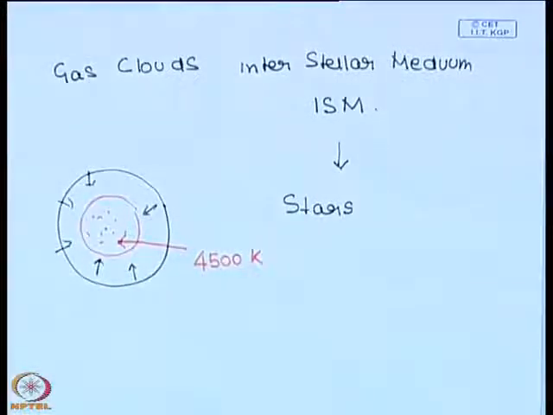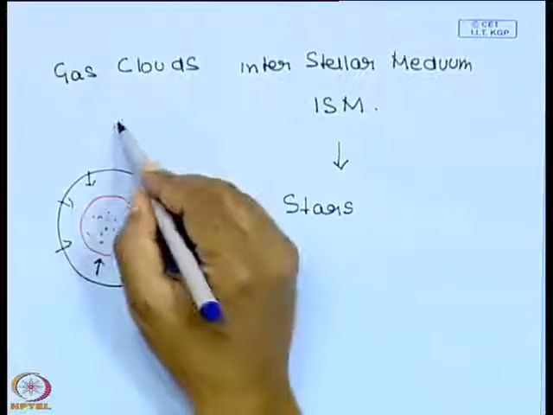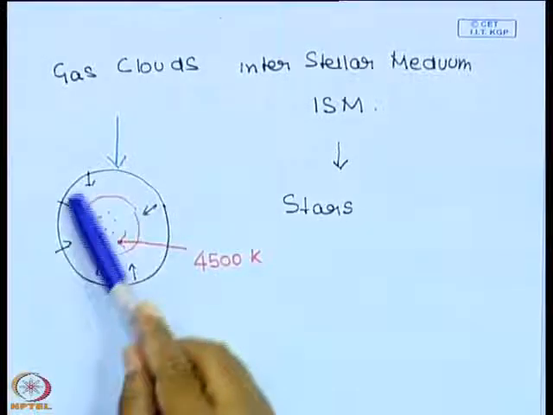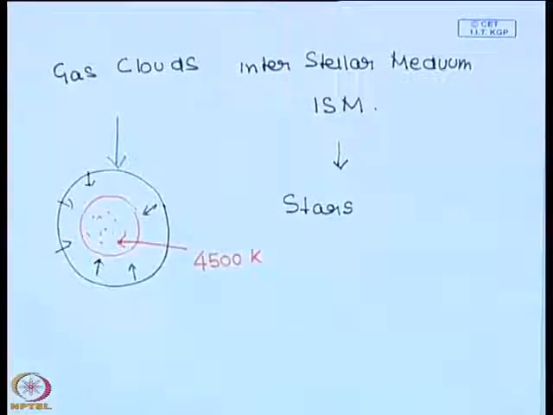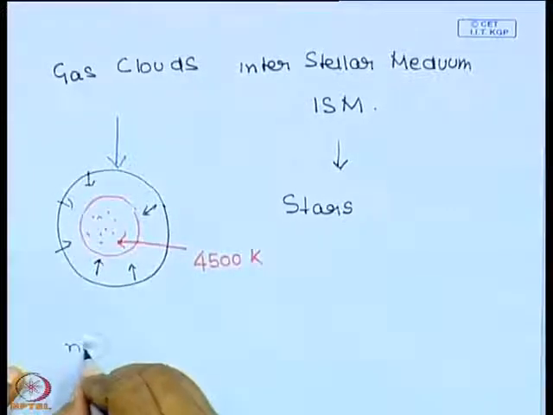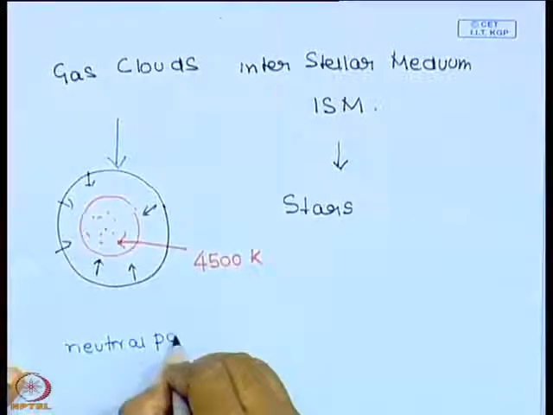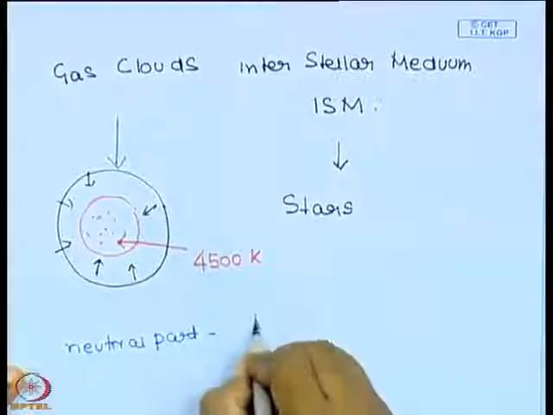Now, when you look at this cloud from outside, so if you are looking at this cloud from here, the neutral part is largely transparent.